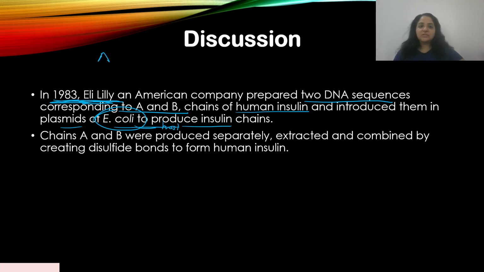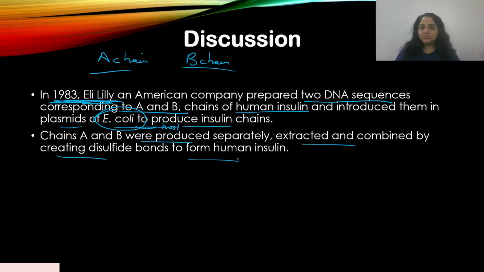They produced the A chain separately and the B chain separately, then extracted and combined them by creating disulfide bonds to form human insulin. For those patients who cannot produce insulin in their body because their pancreas is not functioning, this insulin proved to be very useful. So in 1983 the company was able to do this.